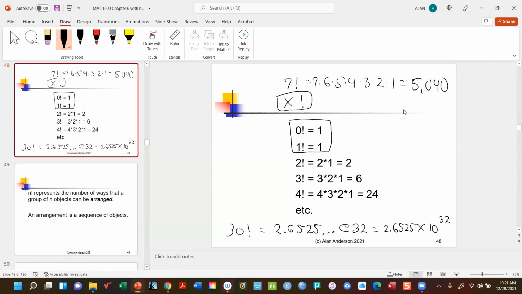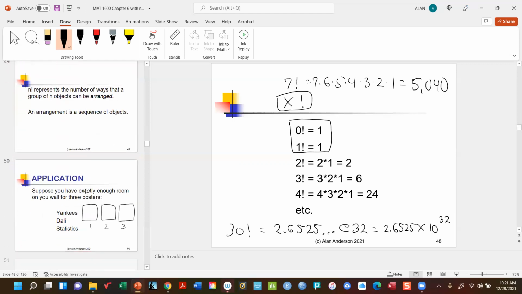Let's say I have 7 books on a bookshelf that just barely fits all 7 of them. That represents 5,040, the number of ways I could stack those books on my shelf from left to right. That's a lot. If you want to do an experiment, you can certainly take out some books and try, but it's 5,040.